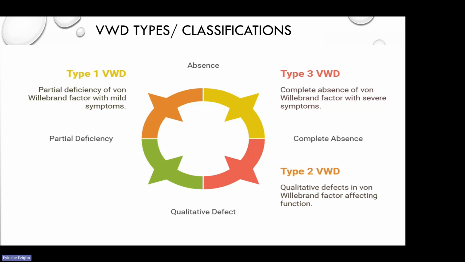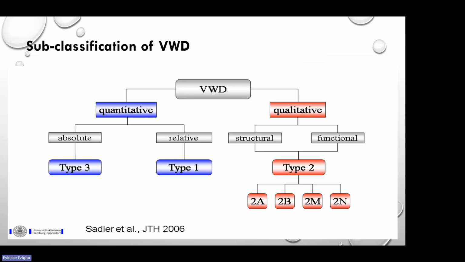While type 2 von Willebrand disease is the functional, qualitative type, which is sub-classified into what we're going to see later.